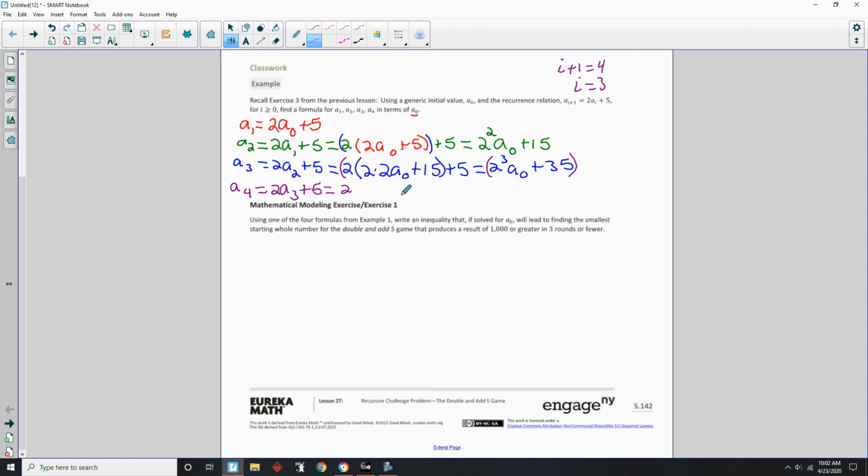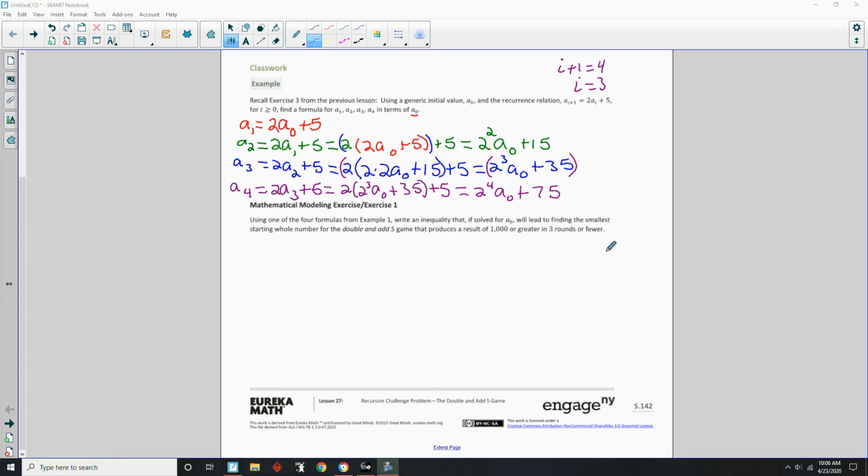So it's going to be 2 times 2 cubed a sub 0 plus 35, plus 5. When I simplify that, it's 2 times 2 cubed, which is 2 to the 4th, a sub 0 plus 2 times 35 is 70 plus 5 is 75. So there are the first 4 terms for a sub.